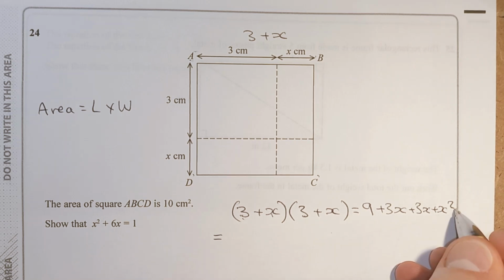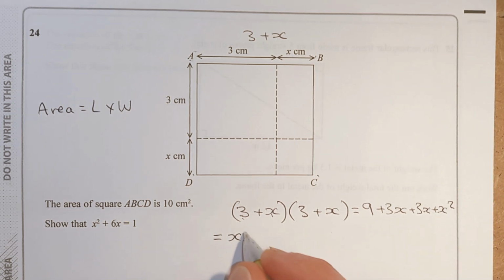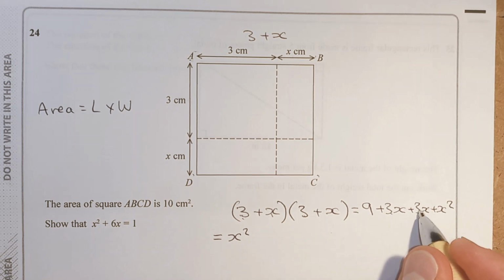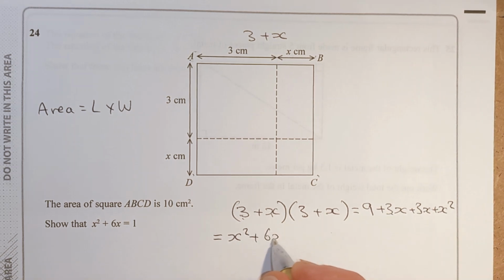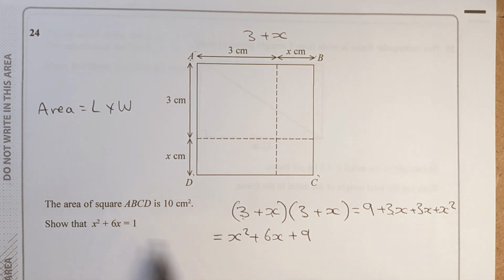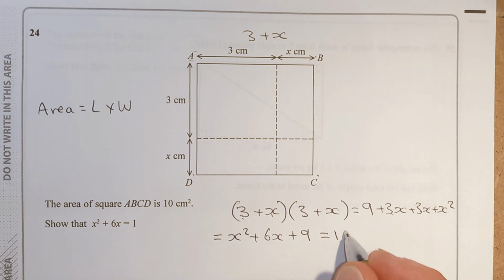So let's rearrange that. Let's put the highest term first, the x squared. 3x plus another 3x is 6x. And then we've got plus 9. But we're told the area of the square is equal to 10.